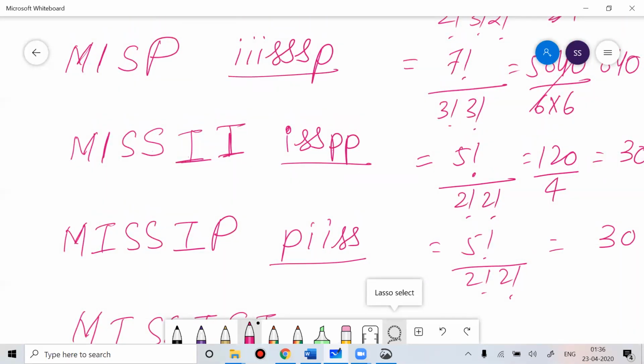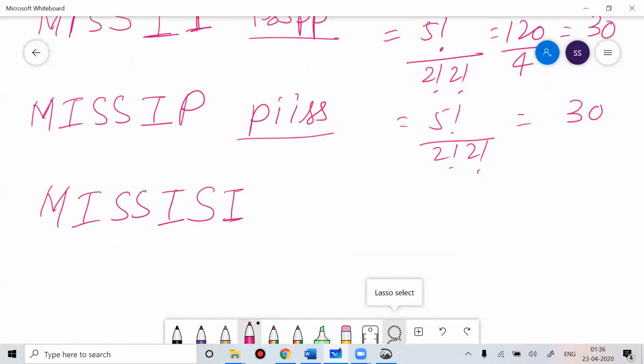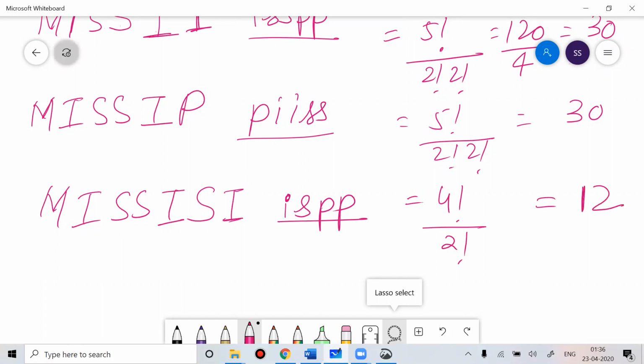So how many do you want? 3 I's have gone, now 1 I is left. 3 S's have gone, 1 S is left and 2 P's are left. So this would be 4 factorial by 2 factorial. 24 by 2 means 12.